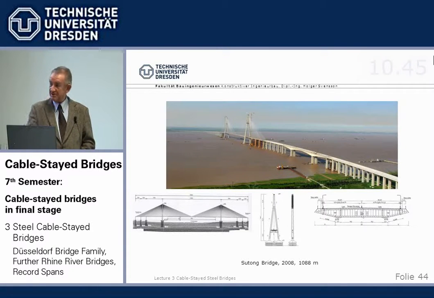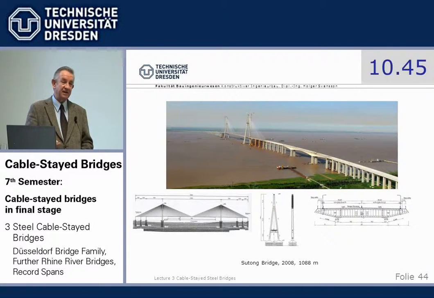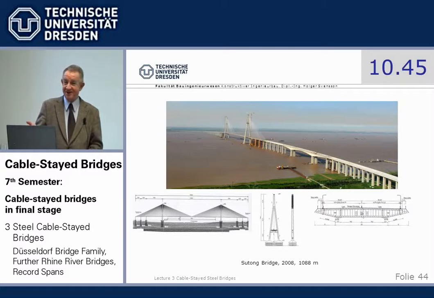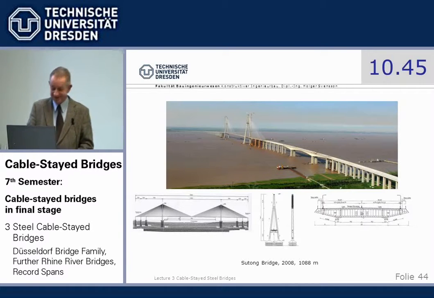I had the same. When I did Pasco-Kennewick, during the design in the US, we'll see it later, it had the world record. And then the French started later with the Normandy Bridge and were faster, 20 meters more. So we never had the world record. These things happen.